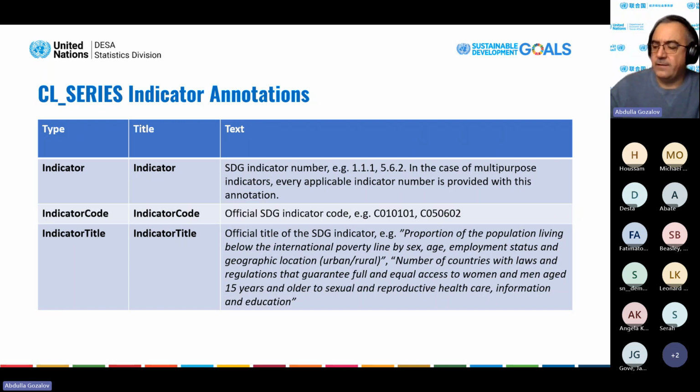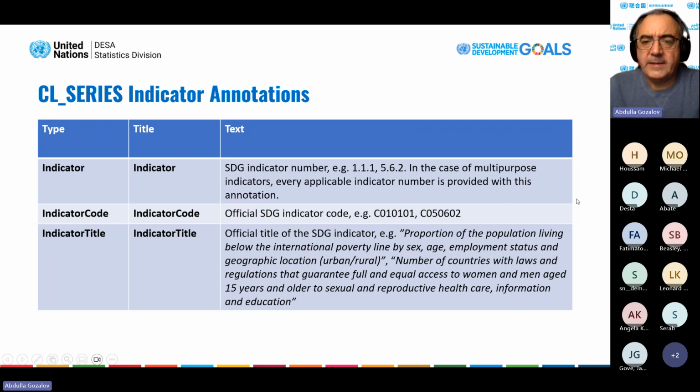I will just say that this is partly due to legacy systems and partly due to the way that different systems expect annotations, which is why the same piece of information, the same identifier, is copied into both type and title. All right, so the first annotation is indicator, and that provides an indicator number: 1.1.1, 3.2.1, and so on and so forth, right?